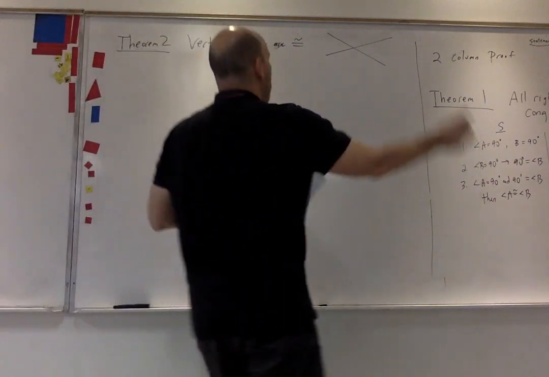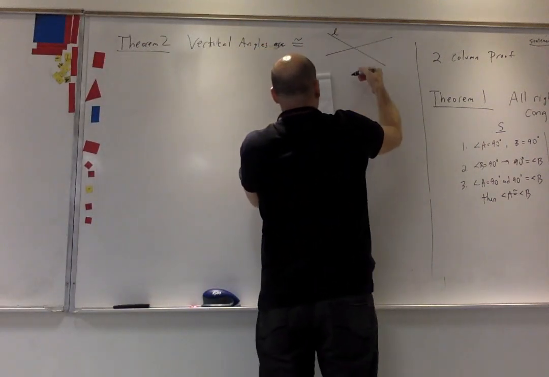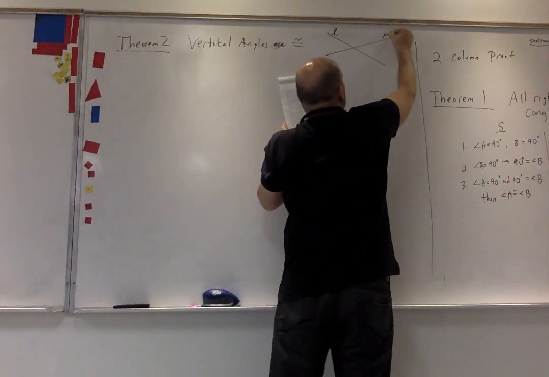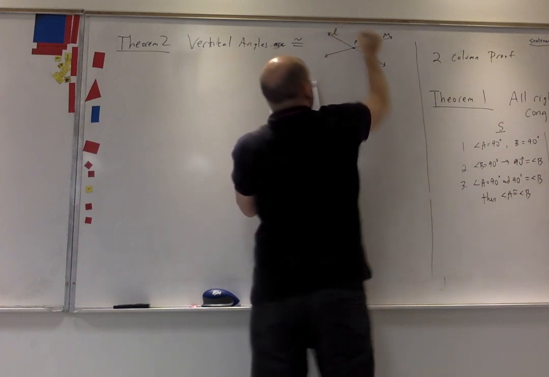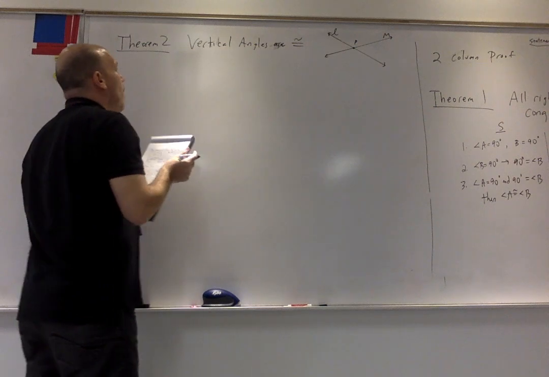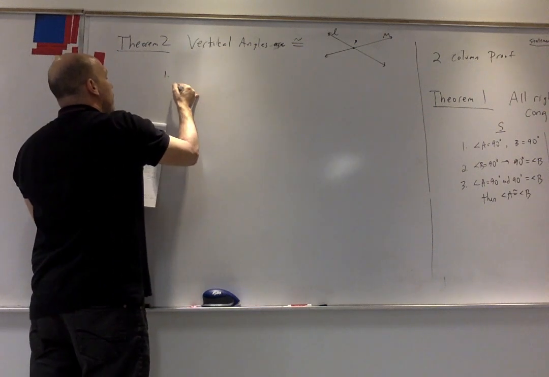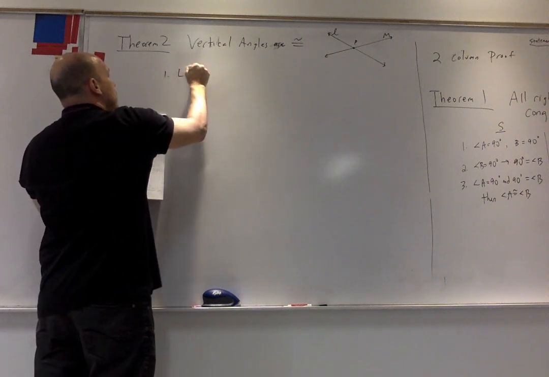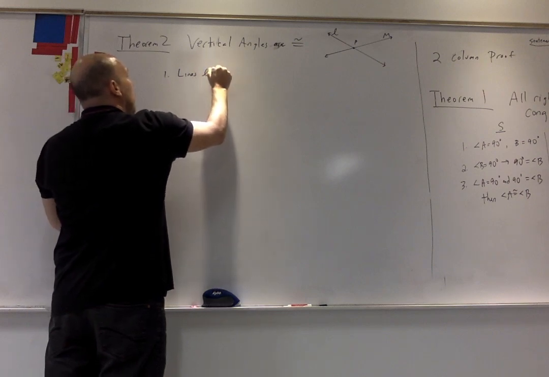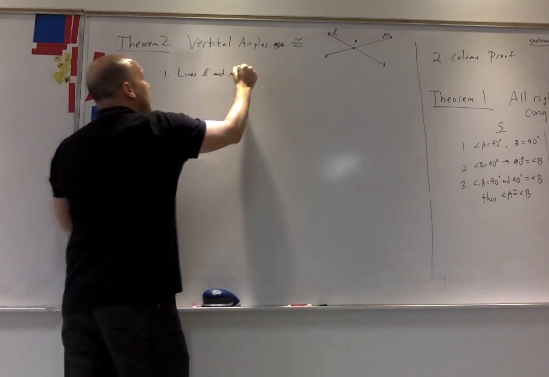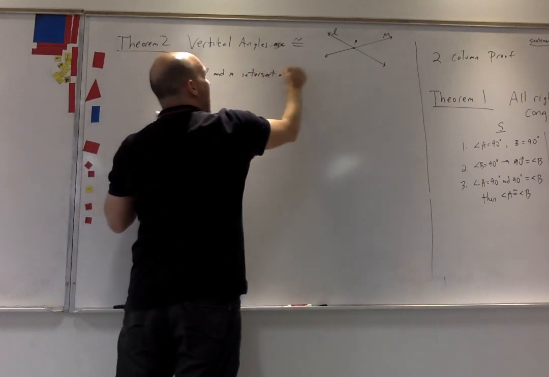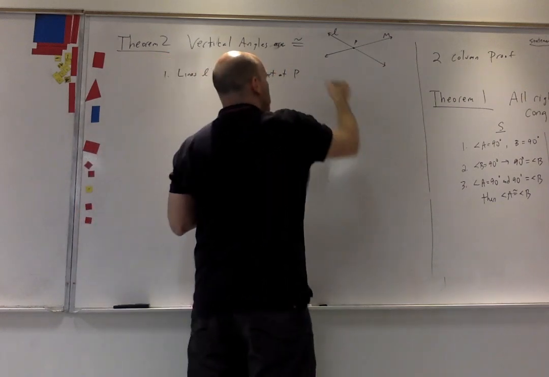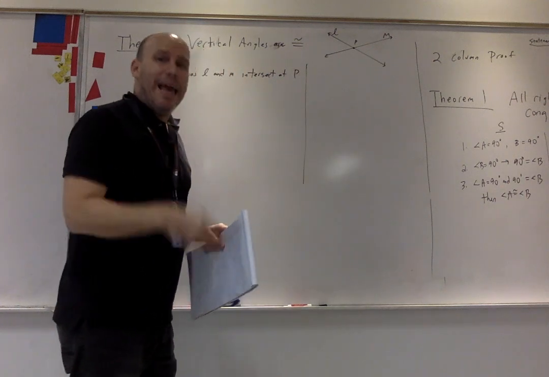And I'm going to call this line L, and I'm going to call this line M, and I'm going to call this point P, and I'm going to say that lines L and M intersect at P. Why? Given.